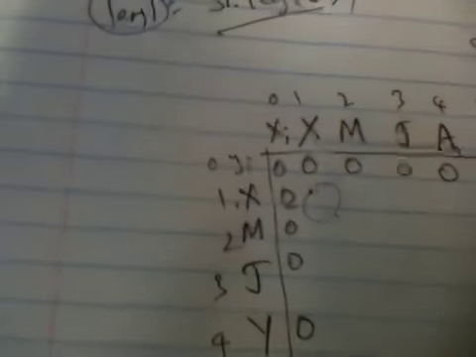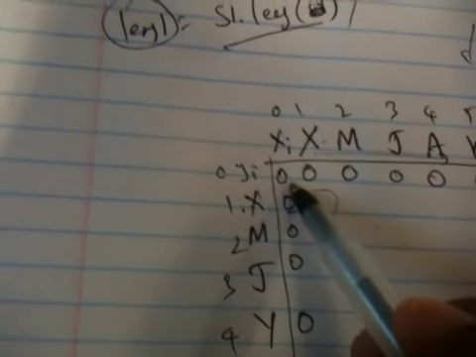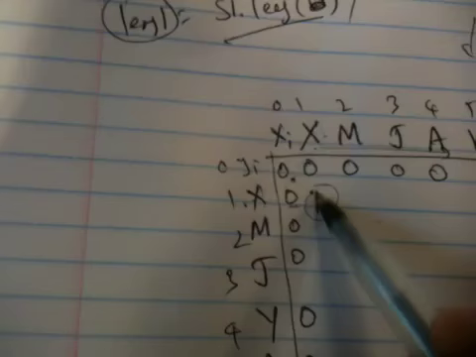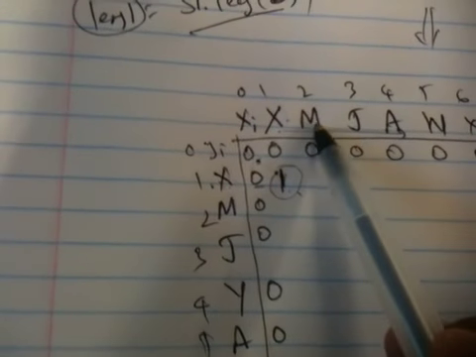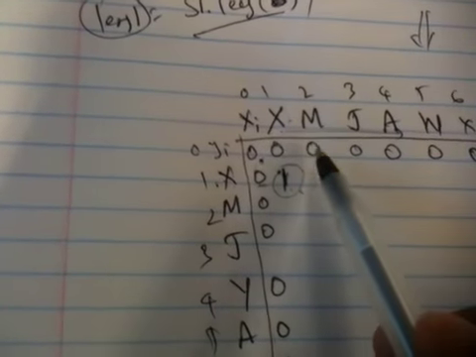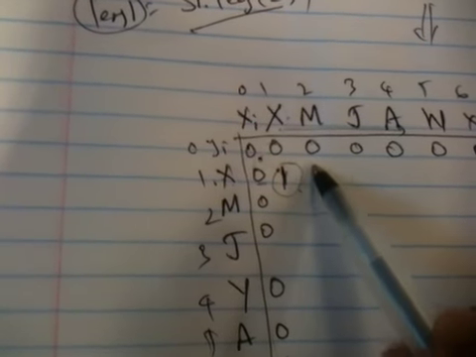For example, see here, x and x. So xi is equal to yi, so we add 1 to the diagonal element, that is 1. Next, x and m, both are different, so we take the greatest of these two. This is 1, so fill it as 1.